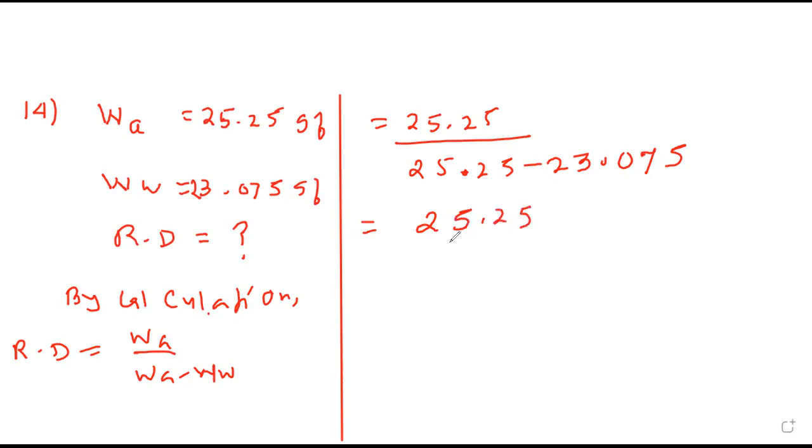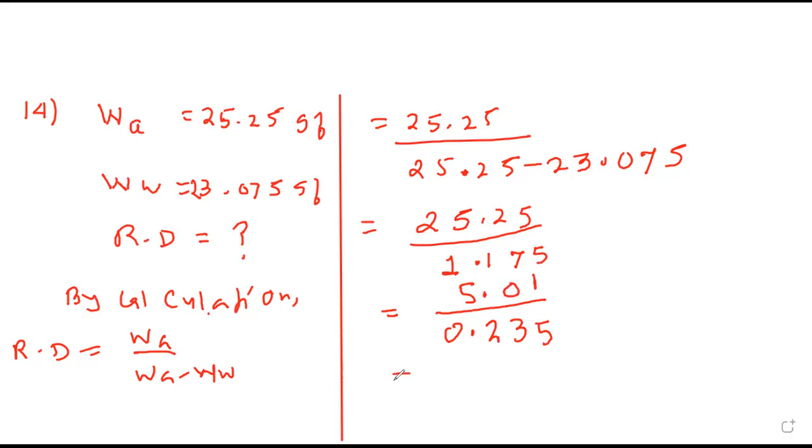So 25.25 upon 2.175. Now I'm removing the decimal: 2525 upon 217.5, which is 25.25 upon 2.175, and we divide by 5 to simplify.